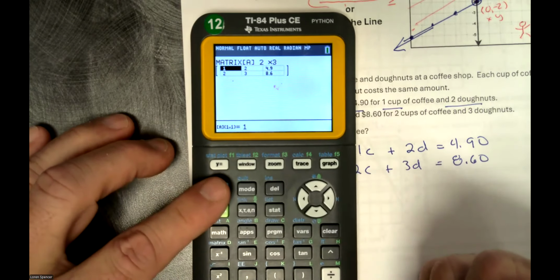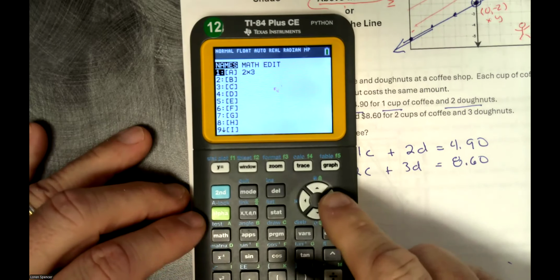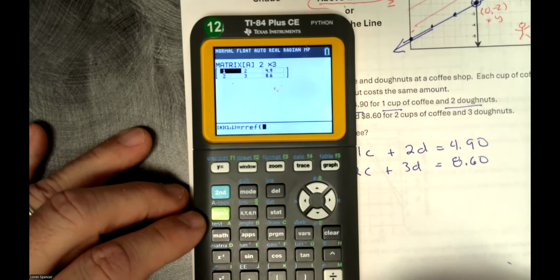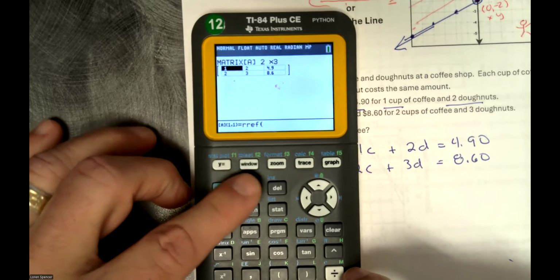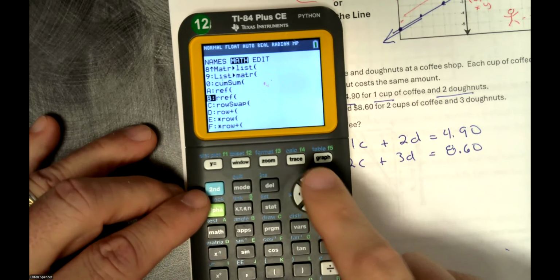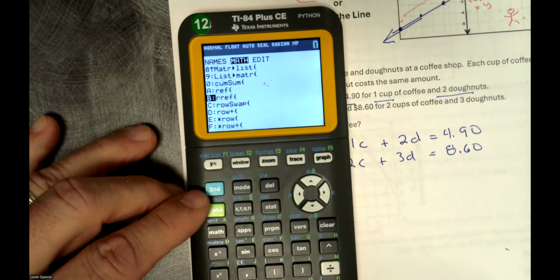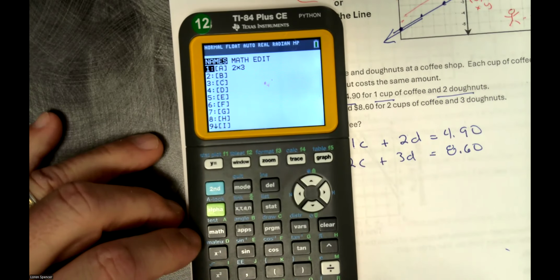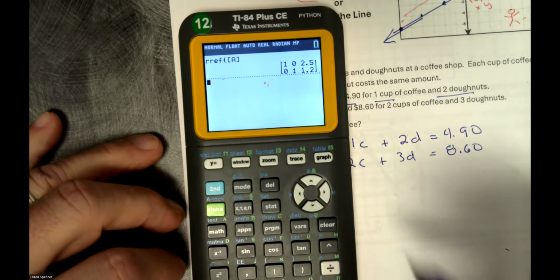To leave the matrix, we're going to press blue matrix, arrow to math, drop down to RREF. Excuse me. Blue matrix, math, letter B, RREF. Press enter and press blue matrix one more time and enter twice.